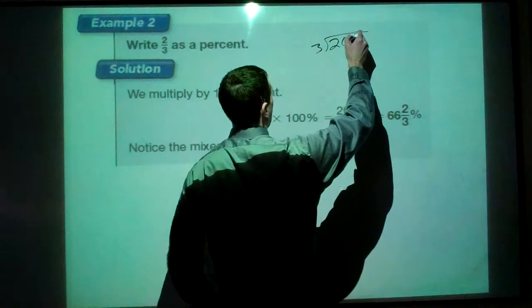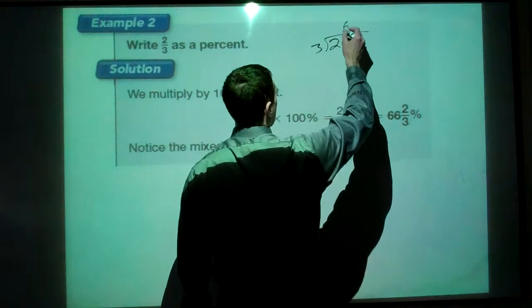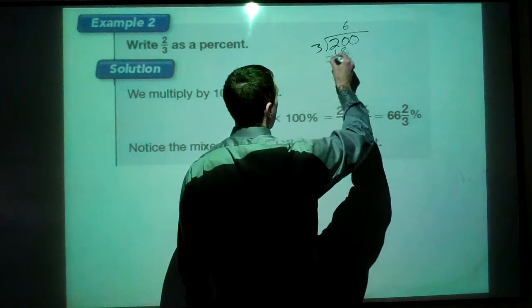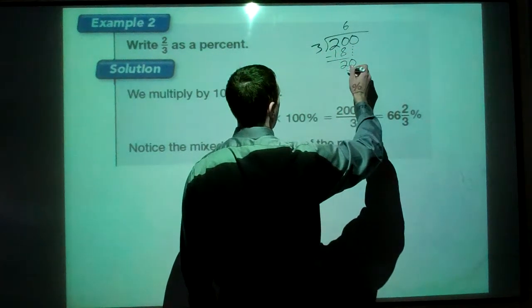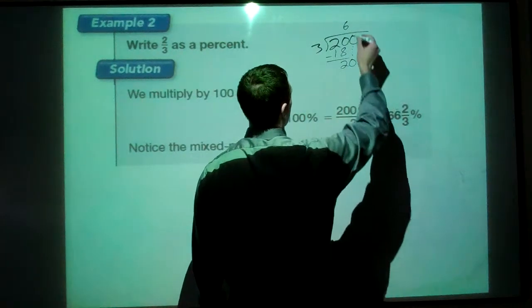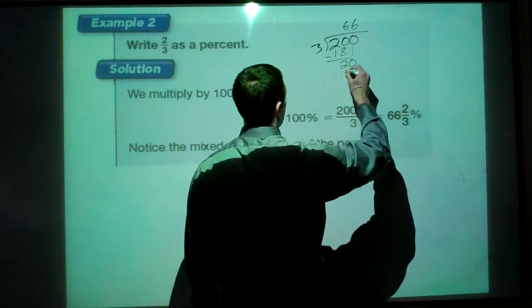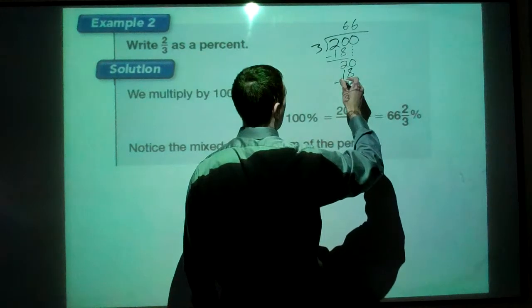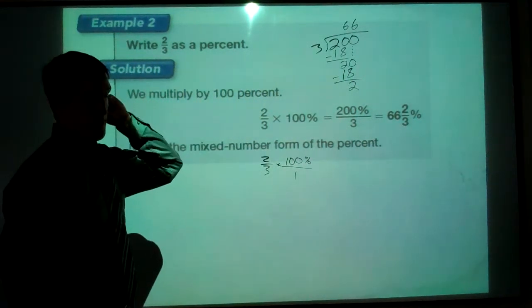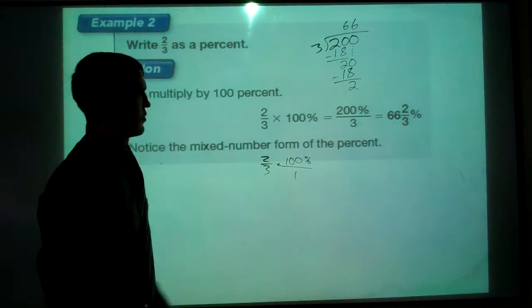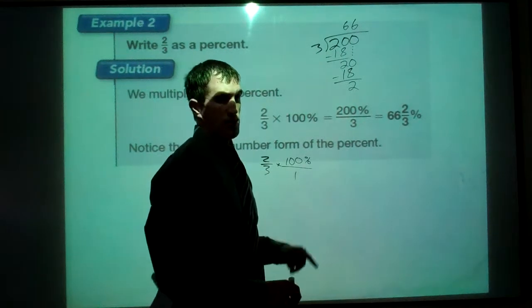3 goes into 20 6 times. Subtract, we get 2, bring our 0 down. 3 goes into 20 6 times. 6 times 3 is 18. Subtract, we get 2. So here we would say, okay, we have 66 remainder of 2, but we know we can represent this as a mixed number.